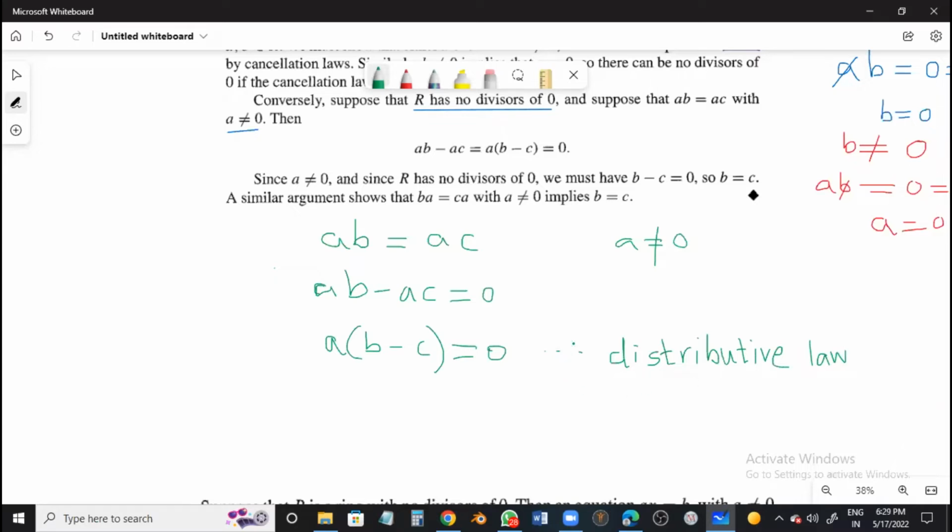So this is left distributive law, isn't it? I must mention that it is left distributive law.